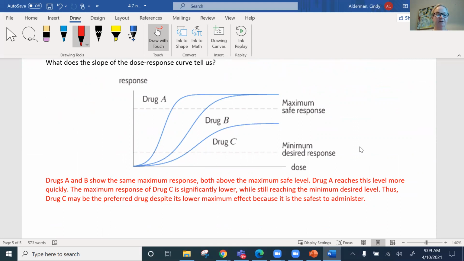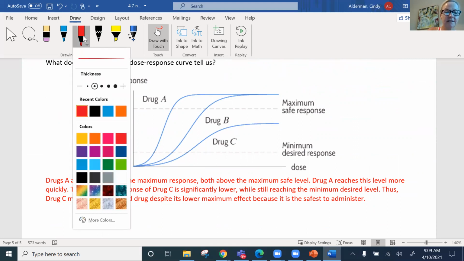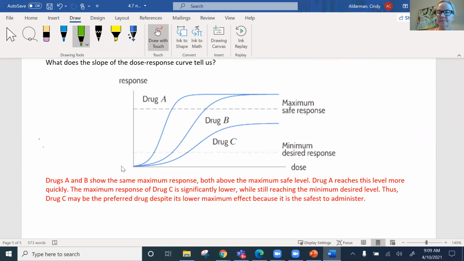So again, they say here that both A and B are above the maximum up here. And if you want to look at it, actually drug A reaches this level more quickly, right? Because it has a steeper slope. And the maximum response of drug C is significantly lower while reaching the minimum desired level, right?